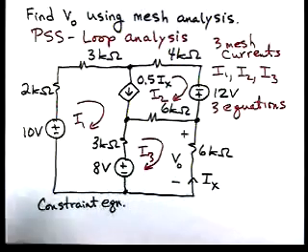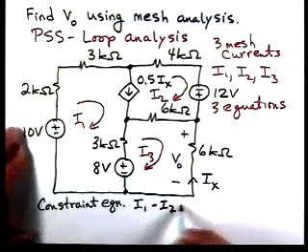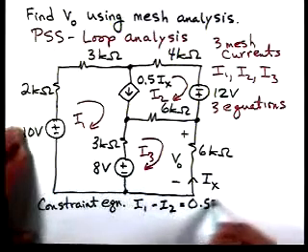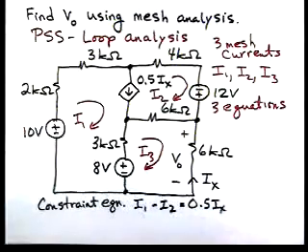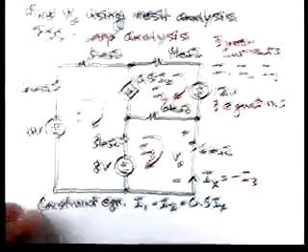And the constraint equation would be I1 minus I2 equal to the 0.5 Ix. Now if we look at our circuit here in our assigned mesh currents, Ix is equal to the negative of I3.